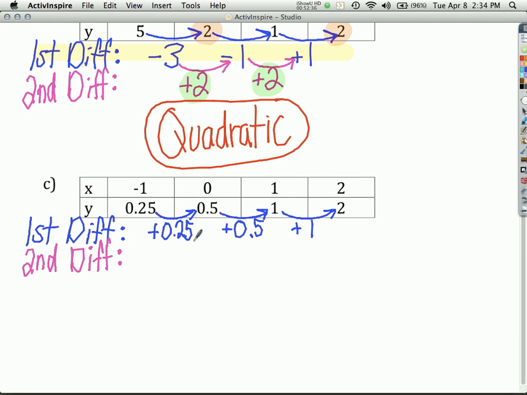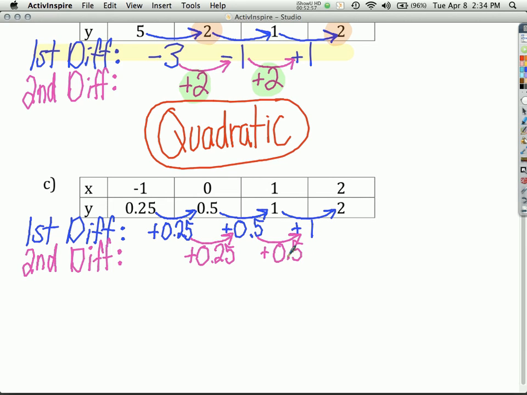So what is the change going from 0.25 to 0.5? Dalton? We're adding 0.25. And what about going from 0.5 to 1? Valerie? Add 0.5.